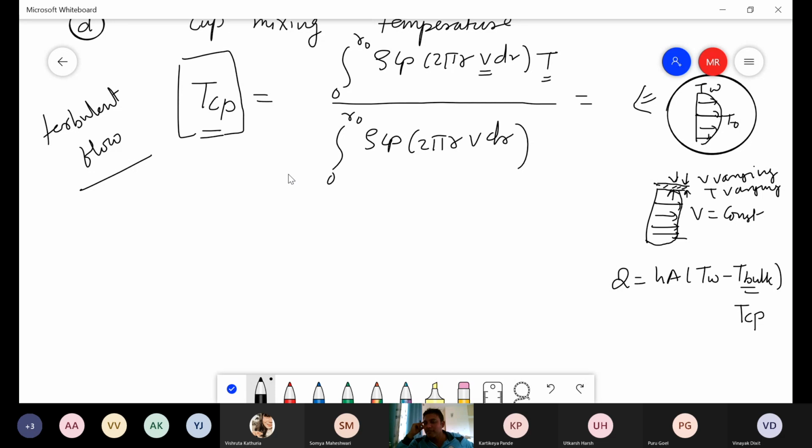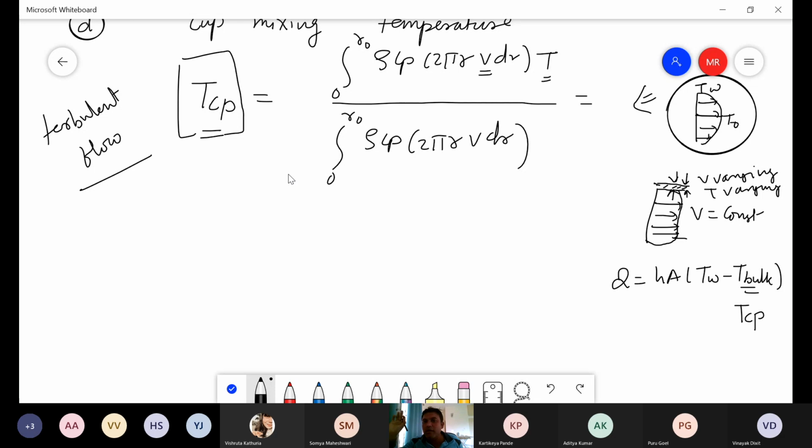Still not clear? Okay, so I am giving you another perspective. Remember, in the starting of this particular class, we said that the temperature profile in the convective flow will be dependent on different quantities.